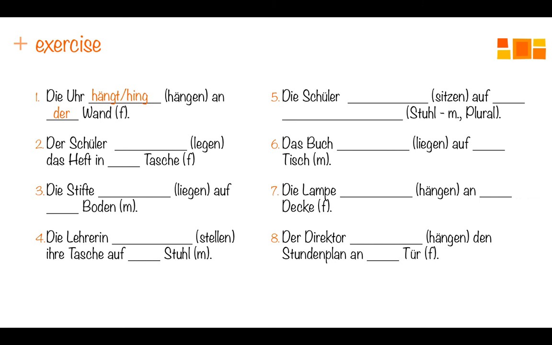Der Schüler legt oder legte das Heft in die Tasche. Where did he put the exercise book? Where did he put it? He put it into the bag. Therefore, it's a verb of direction here.